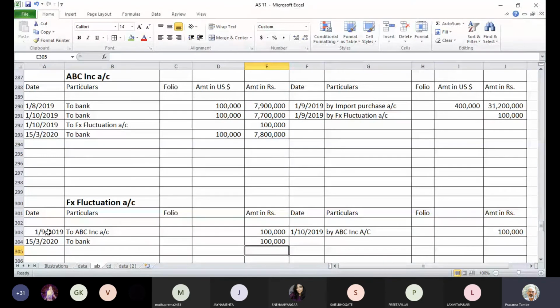So your entry is ABC Incorporated account debit 78 lakhs. FX fluctuation account debit 1 lakh, which is the excess payment made by you because the rate has gone up to 79 rupees from 78. To bank account, total amount paid in Indian currency is 79 lakh rupees. Okay. Have you posted this entry? Have you understood this entry? Yes. Sir, can we go to the next transaction?